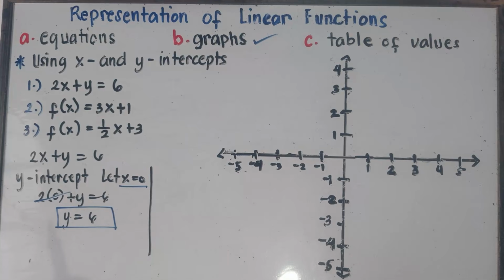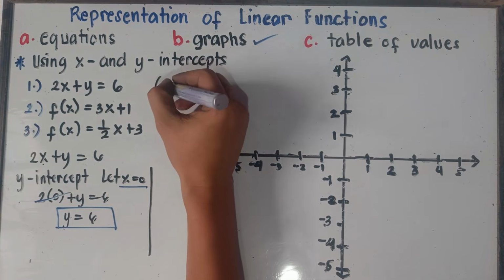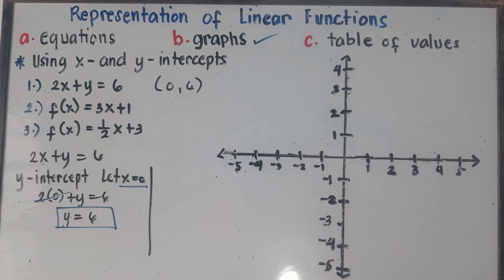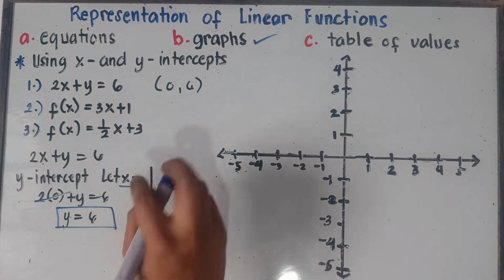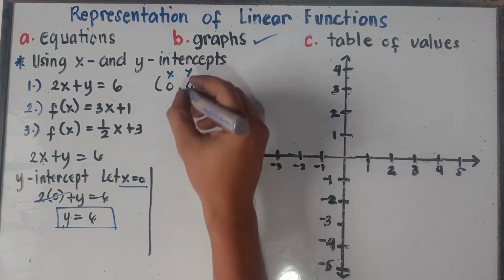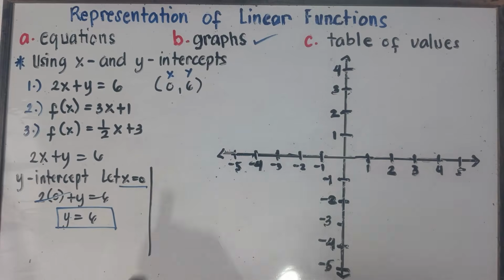And the y-intercept ordered pair would be 0 for x, and then y is positive 6. We call this the y-intercept ordered pair.